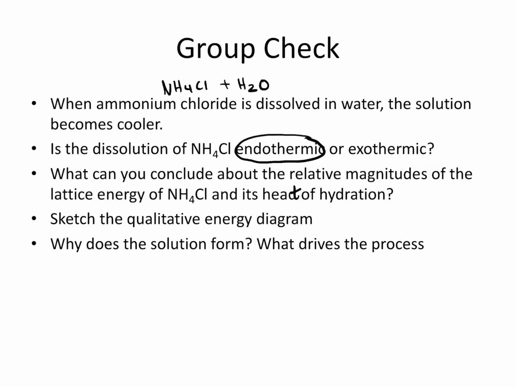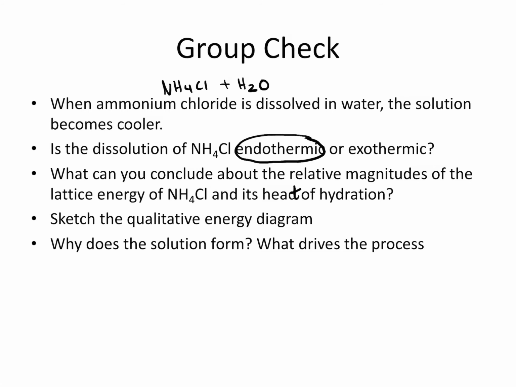if you have a greater value of the lattice energy, then more is the amount of energy needed for dissolution. So the reaction becomes endothermic. Since we have an endothermic reaction, that means we had more energy needed to break apart the particles.